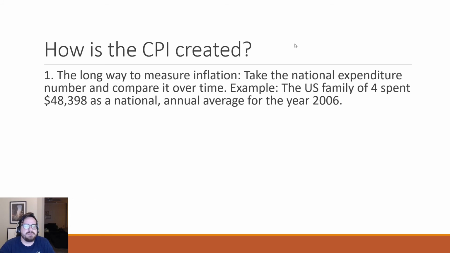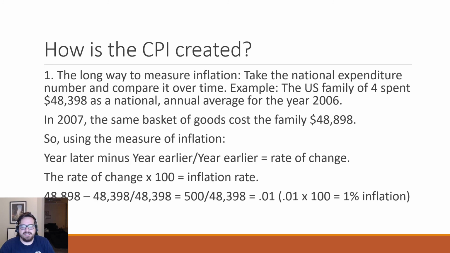Okay. This slide, don't freak out. This is just the writing out of how we do CPI and why we do CPI as opposed to just brute force inflation rate. So here's the example. A family of 4 in 2006 spends $48,398 as a national annual average. In 2007, on the exact same stuff, the average family spent $48,898, a $500 increase.